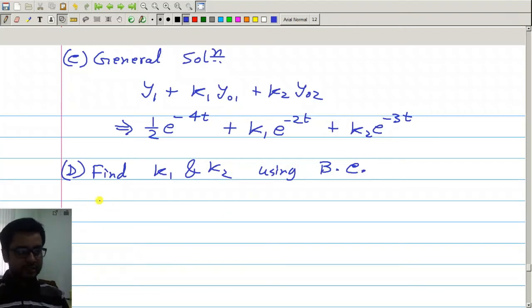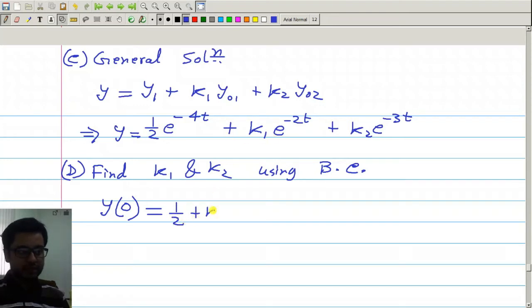So for that we have y equal to this, so let me put the value at t equal to 0. y0 is equal to half plus k1 plus k2 by putting t equal to 0, and this is given as 1. This is given in the question.